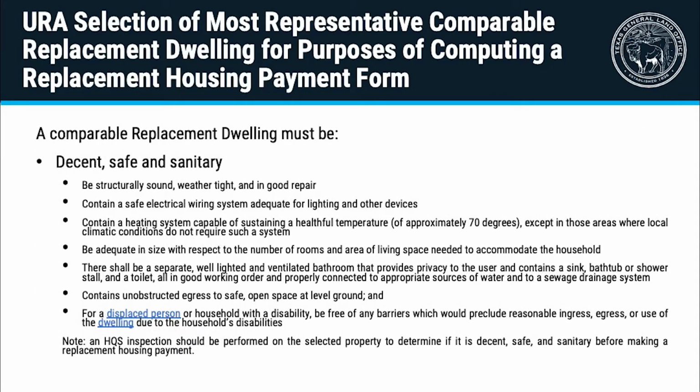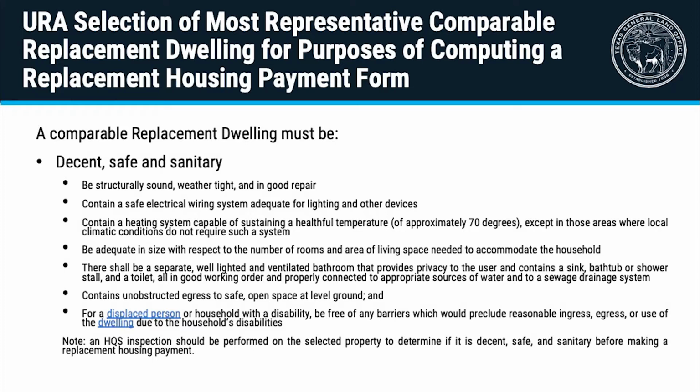A comparable replacement dwelling must be decent, safe, and sanitary; be structurally sound, weather-tight, and in good repair; contain a safe electrical wiring system adequate for lighting and other devices; contain a heating system capable of sustaining a healthful temperature of approximately 70 degrees, except in those areas where local climatic conditions do not require such a system; and be adequate in size with respect to the number of rooms and area of living space needed to accommodate the household.